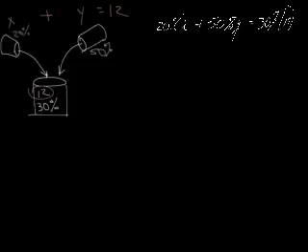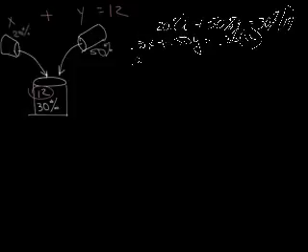Okay, so let's go ahead and change those to decimals. 0.20x plus 0.50y equals 0.30 times 12.